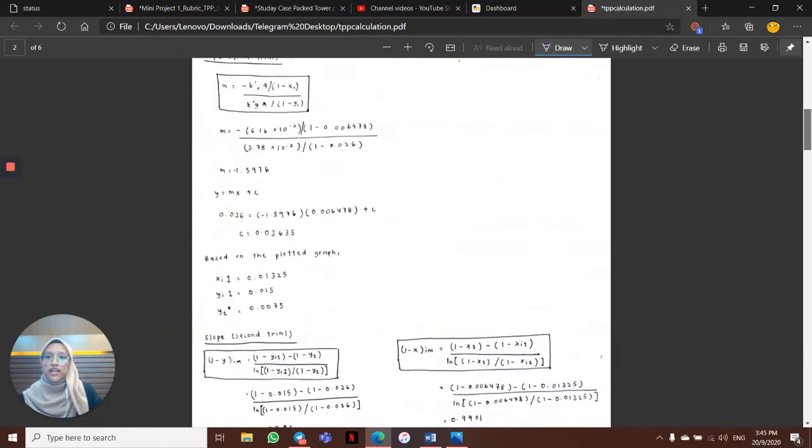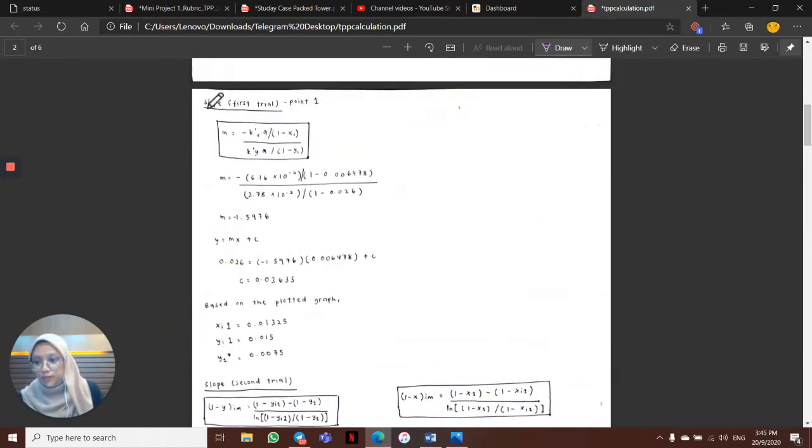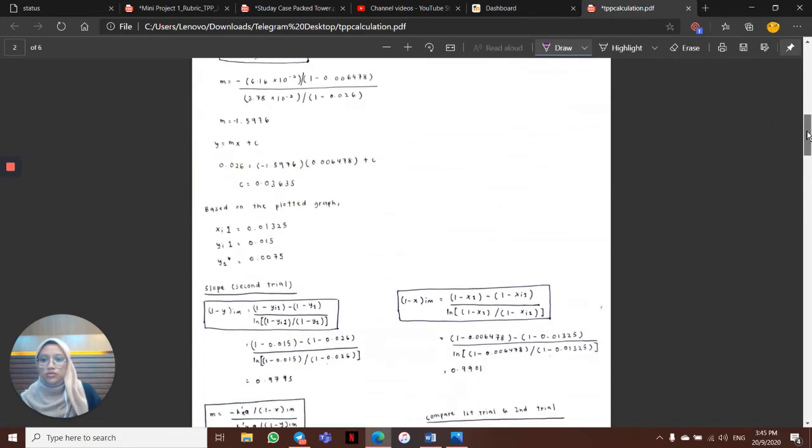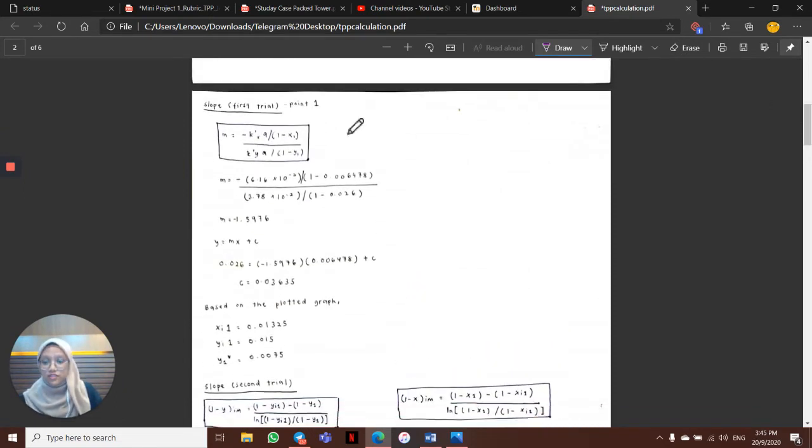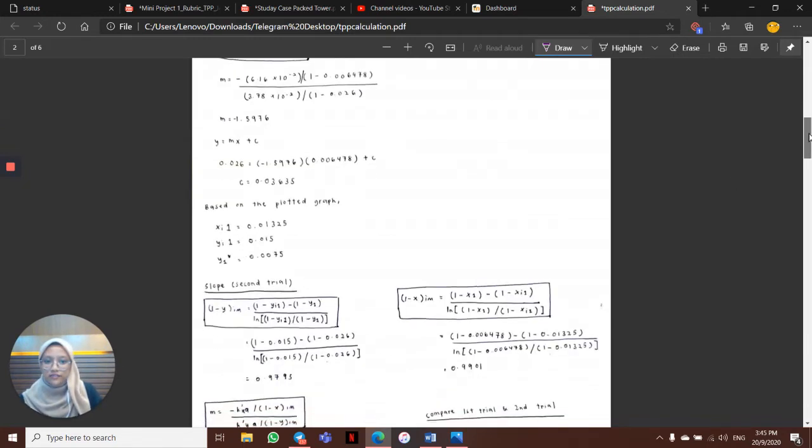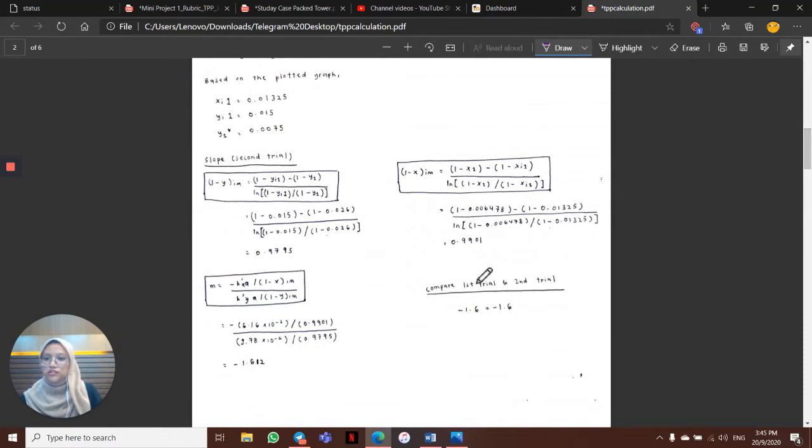Next, the slope. We have two trials of slope, the first trial and the second trial. For the first trial, we will plot the graph and find the value in the graph. For the second trial, we will find the value by using the equations.